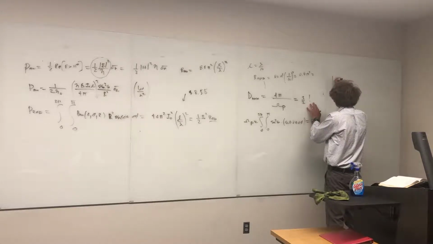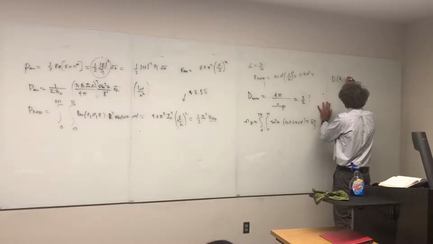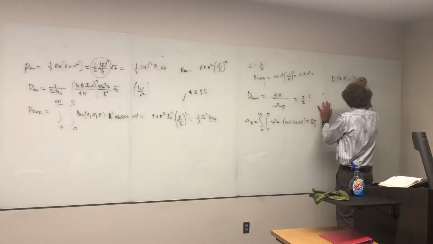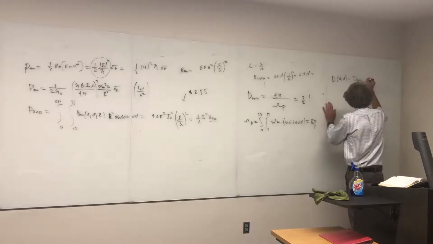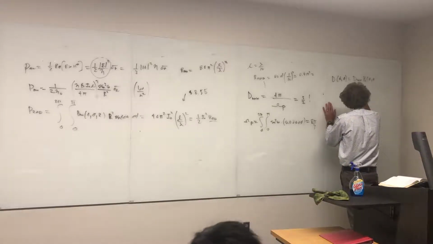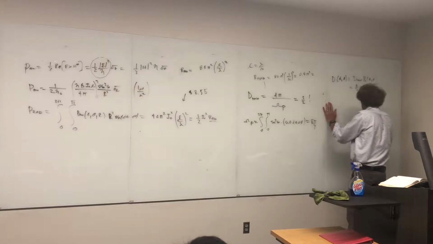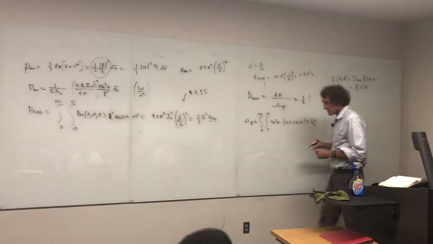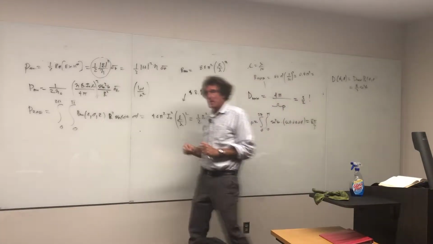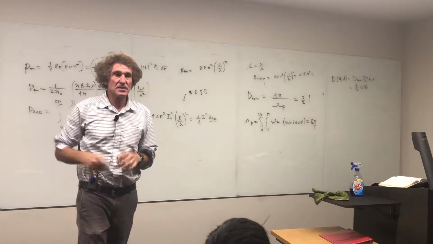The actual directivity in any direction as a function of theta or phi would be equal to the maximum value times the normalized power pattern. In our case, it would be equal to simply 3/2 times the sine squared of theta. Remember, it's the normalized power. Power is sine squared. Follow me on this, class?